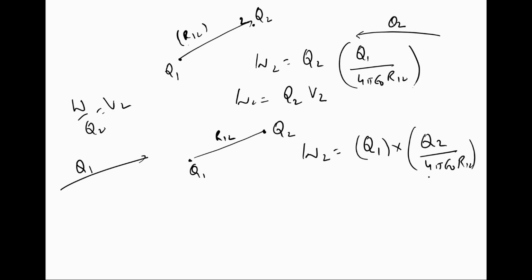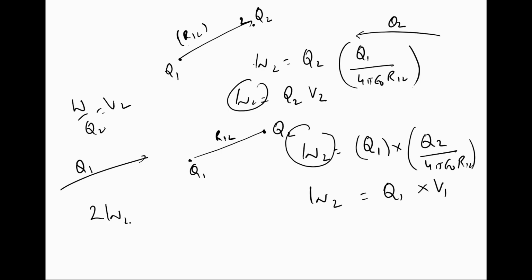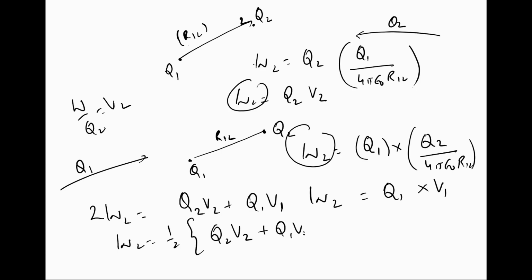So this is the potential at point 1. So from these two, we can see that both work done are the same because the configuration is the same. If I add these two equations, twice W2 is equal to Q2 into V2 plus Q1 into V at point 1. So W2 is equal to half of Q2 into potential at point 2 plus Q1 into potential at point 1.